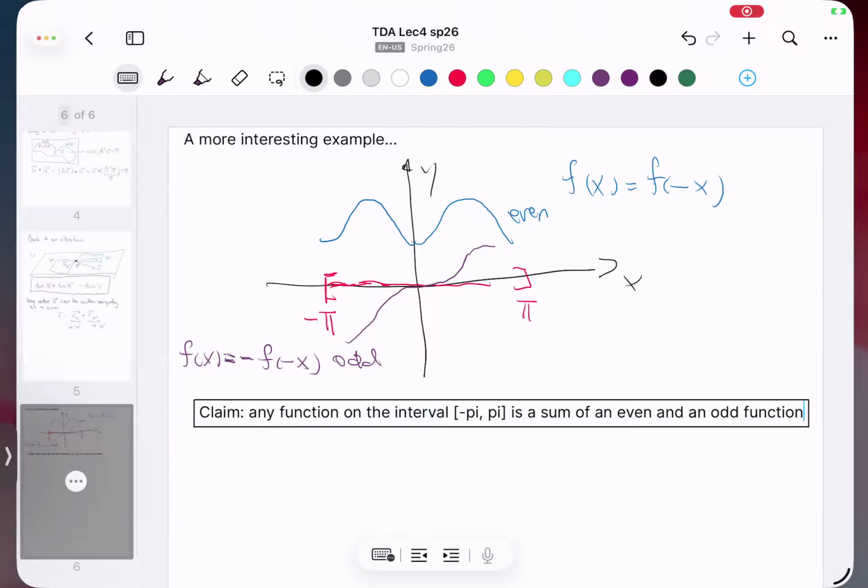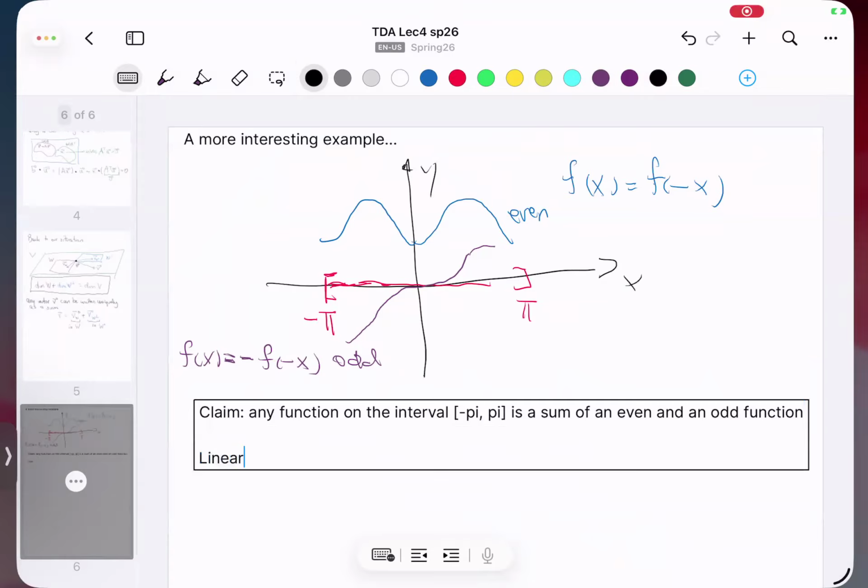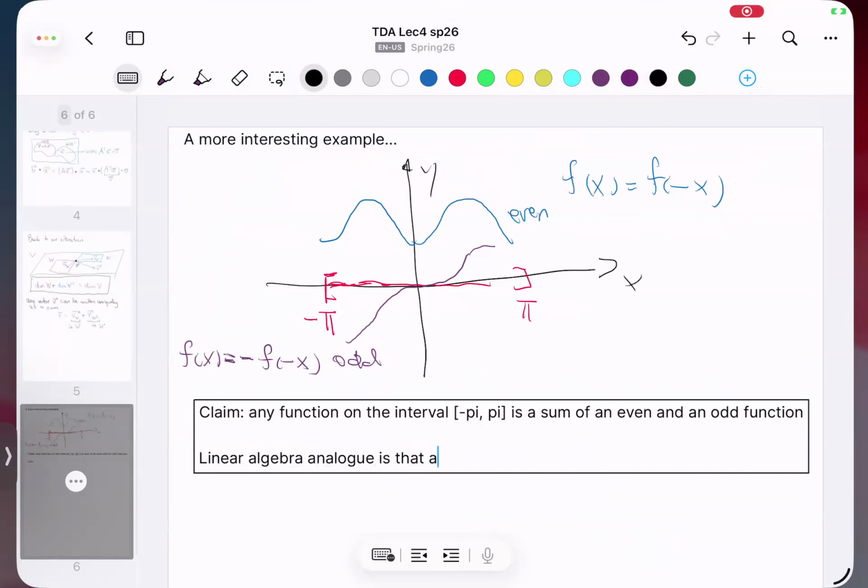The symmetric matrix is similar to even, and the skew symmetric matrix is similar to odd. So the linear algebra analog is that any square matrix is a sum of a symmetric and a skew symmetric matrix.